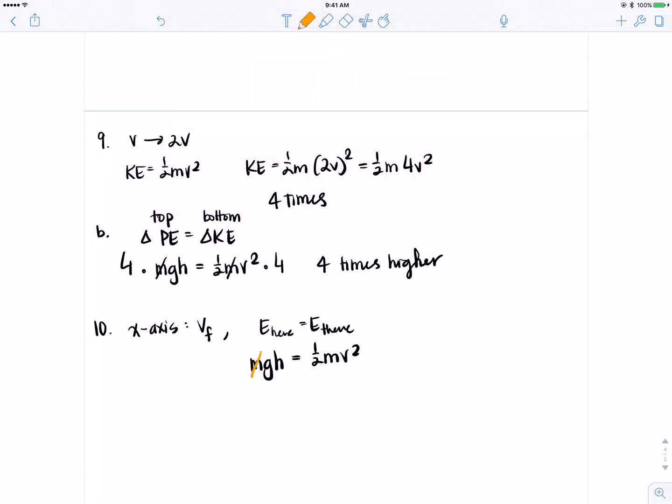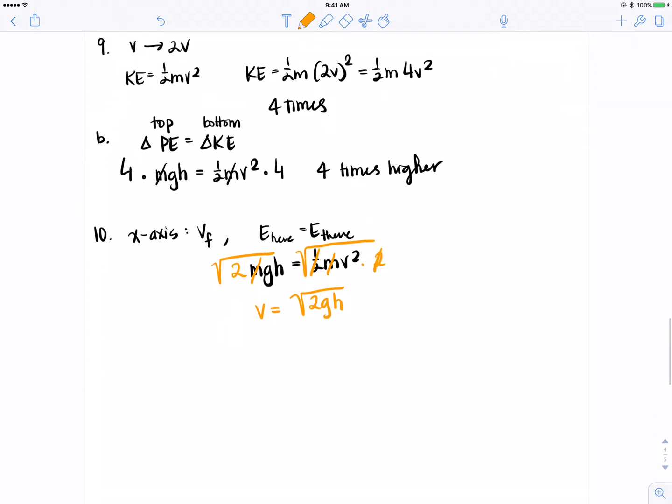So again, the masses will cancel out, multiply by 2, square root the whole thing, and we get velocity equals the square root of 2gh. So notice how the velocity does not depend on mass. So for my x-axis, I would expect no change.